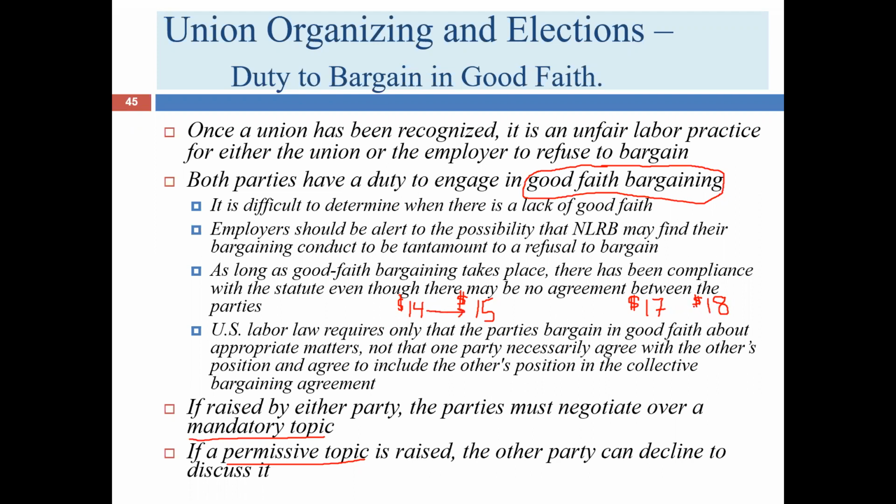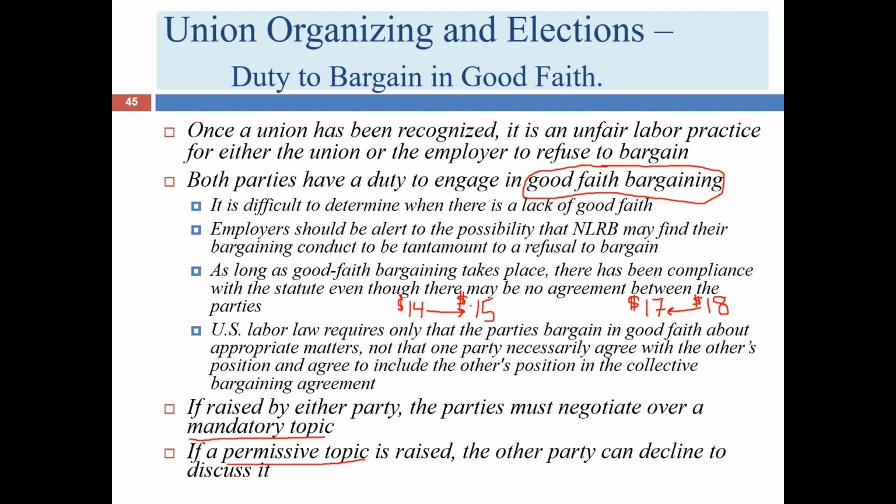The union may start at 18, but they know we're probably going to have to drop to at least 17. And one of the things that has happened by changing from the original number is that they have also created the appearance and hopefully the reality that they are negotiating in good faith.